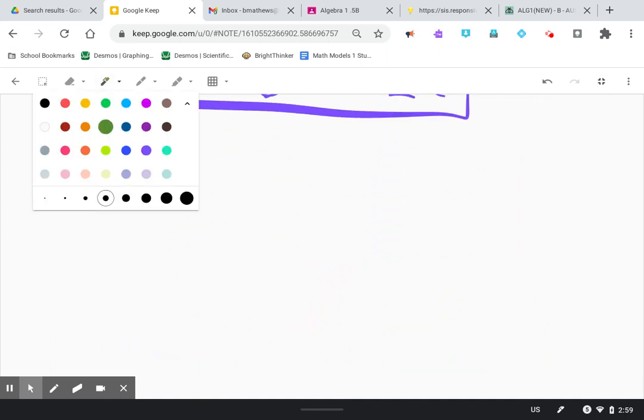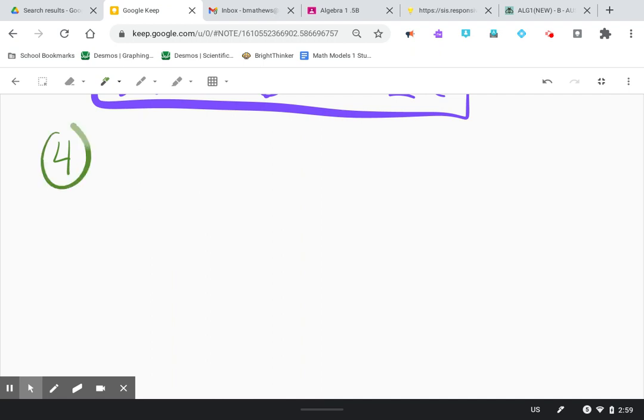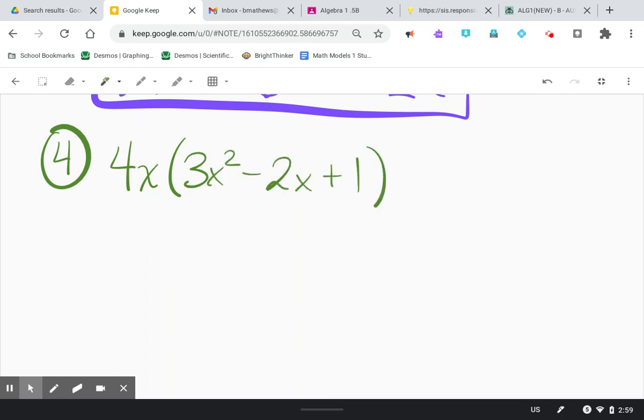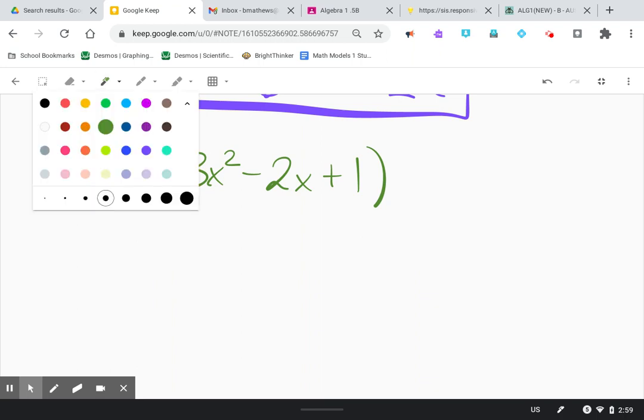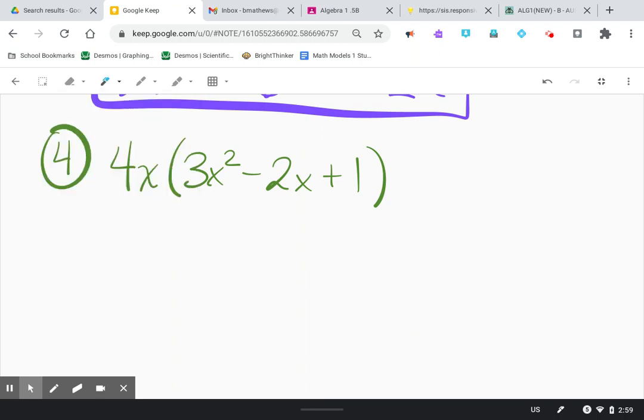Another example of one of those, let's go and do one more. Let's say I have 4x times 3x squared minus 2x plus 1. Again, we're going to go through this and we're going to multiply each term times 4x.